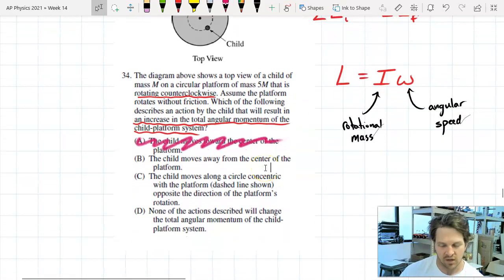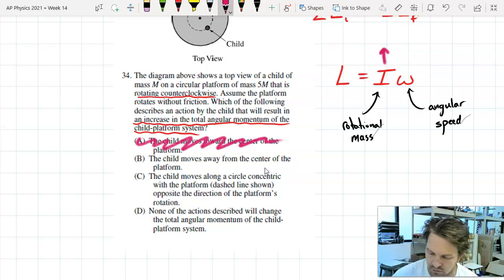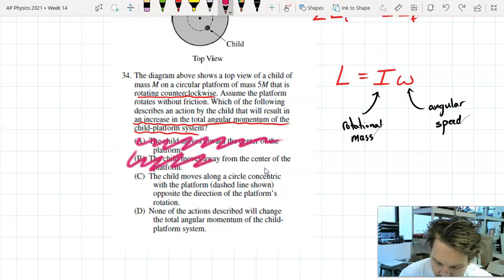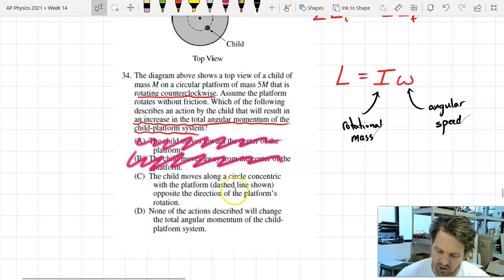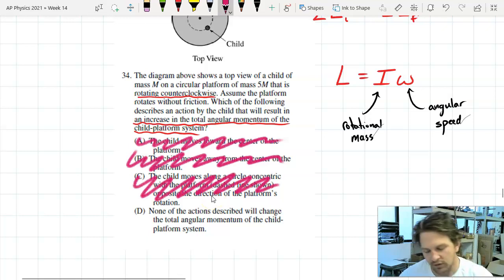Child moves away. It's the same thing in the opposite direction. If the child moved away, that would increase the moment of inertia, or the rotational inertia, but then that would just decrease the angular speed, and the total momentum would stay the same. Child moves along a circle. Nope. That would change the child's momentum, but then the disk's momentum would change in the opposite way to balance everything out.